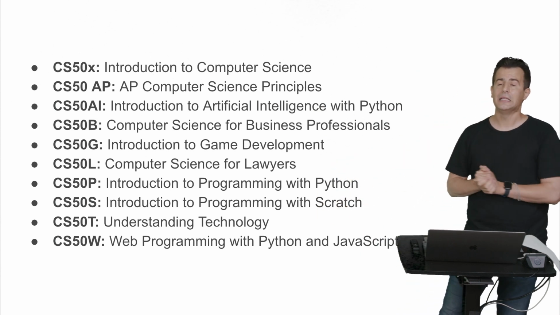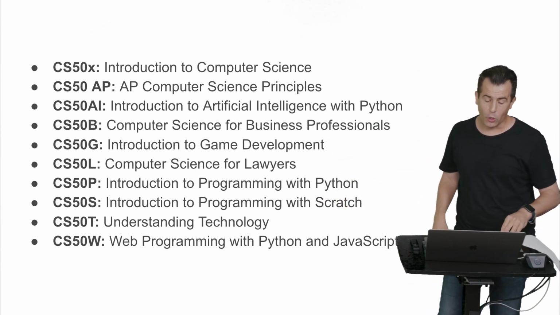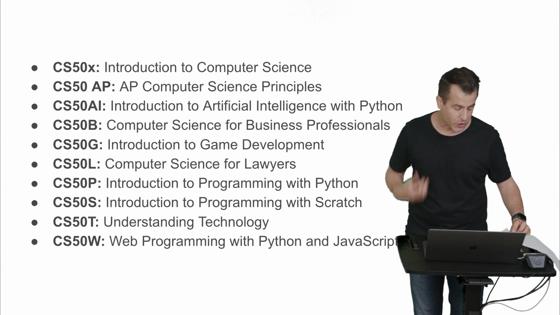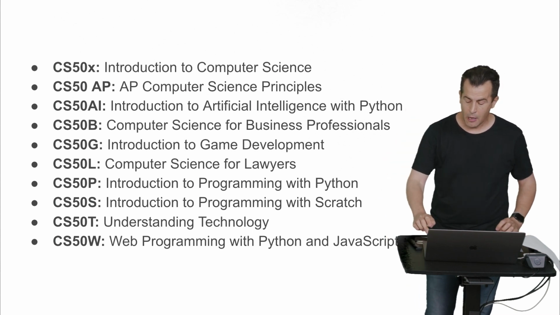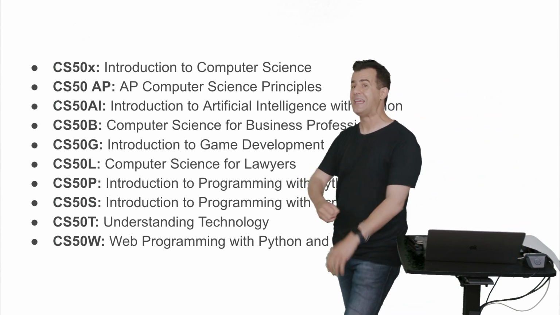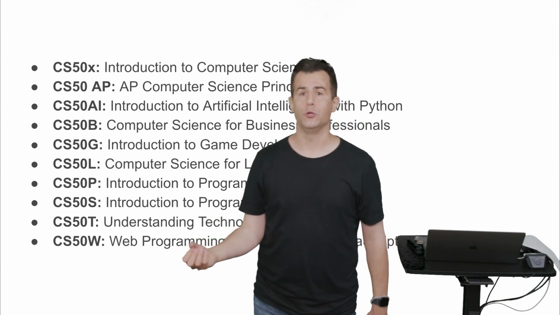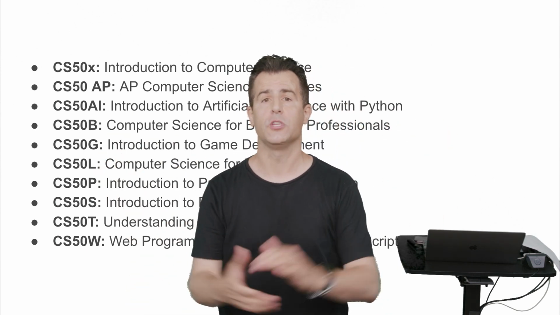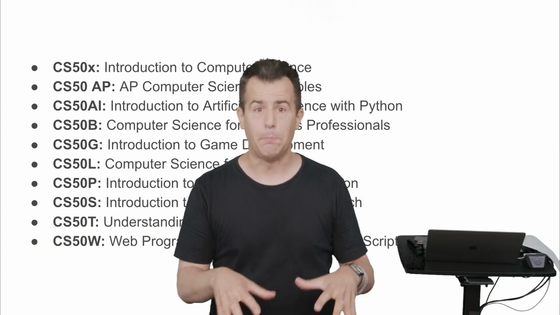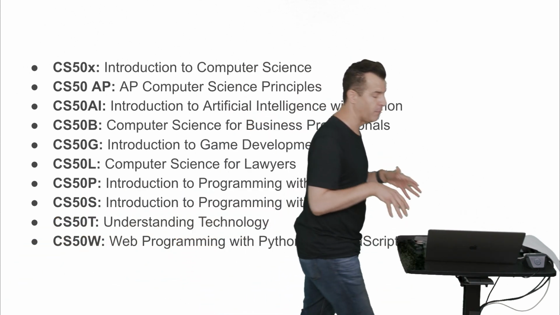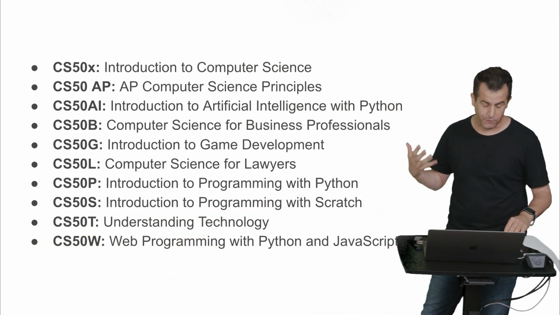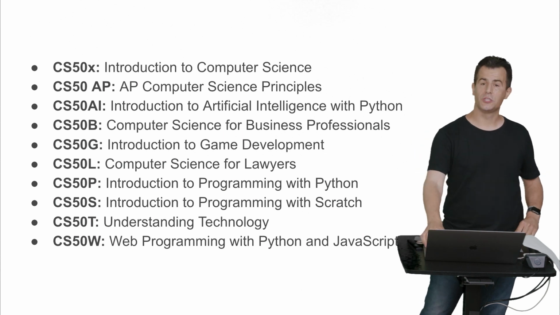And then lastly, but not least, is CS50W, a course on web programming with Python and JavaScript that's meant to, like many of these, pick up where CS50 leaves off and be a second course, be it for students in high school or university or folks in the real world, to dive in more deeply into web programming specifically, assuming as prior knowledge CS50 or some similar course as well.